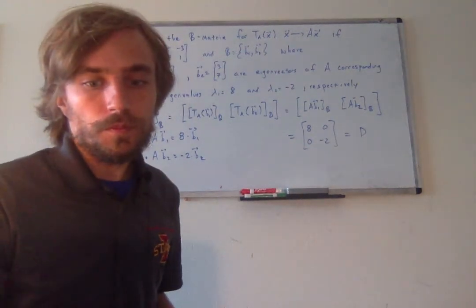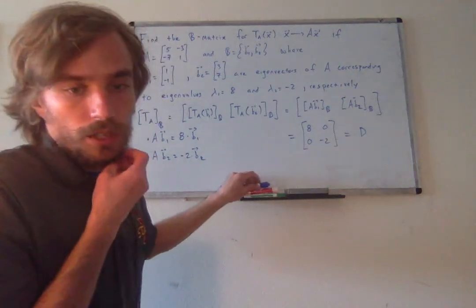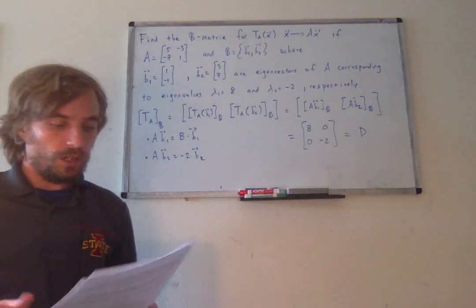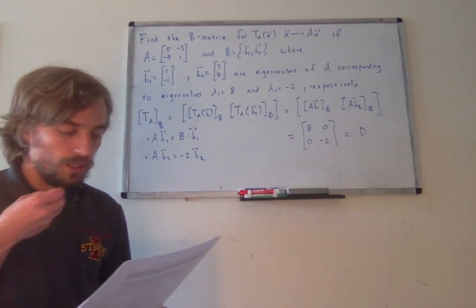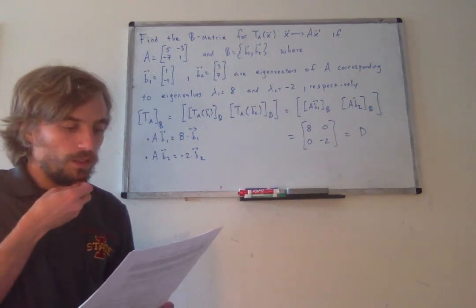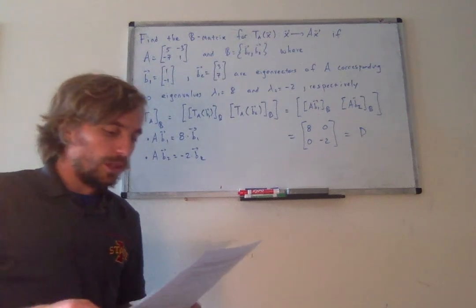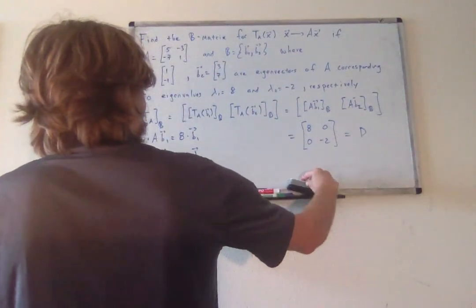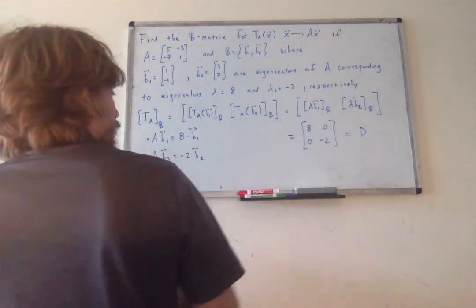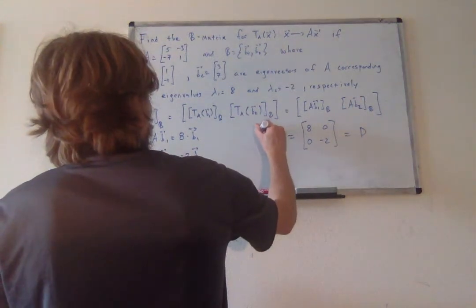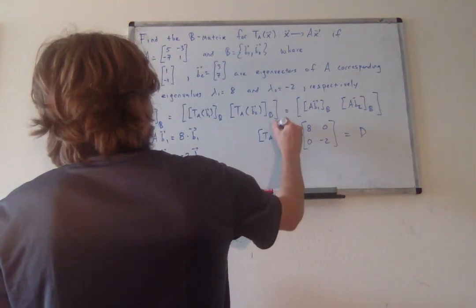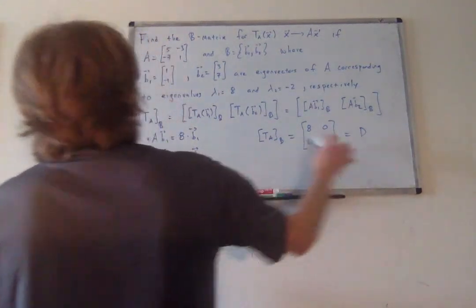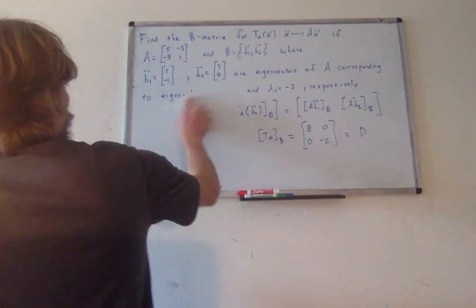And so there's one more problem in this example that I do want to quickly go over to give a little more intuition again as to what's going on here. So we'll keep in mind that this is the B matrix for T sub A. And we want to finish off with, again, just looking at an example of exactly what this matrix represents.